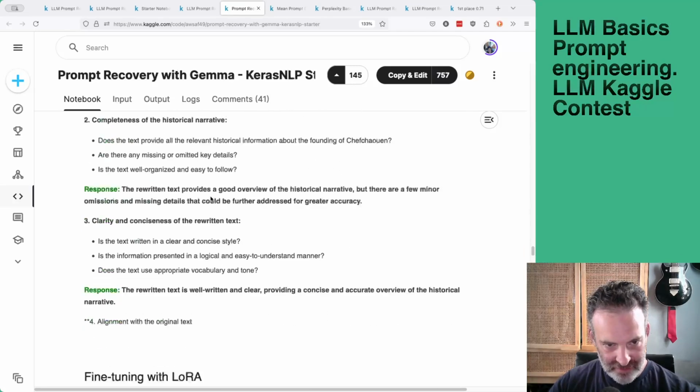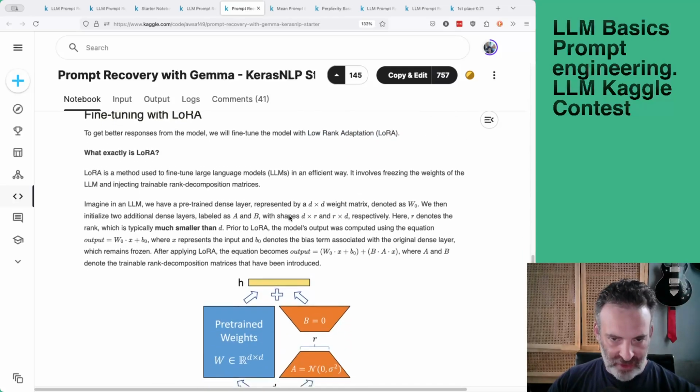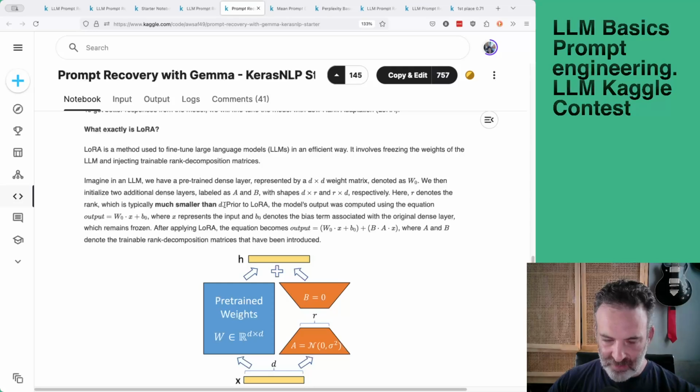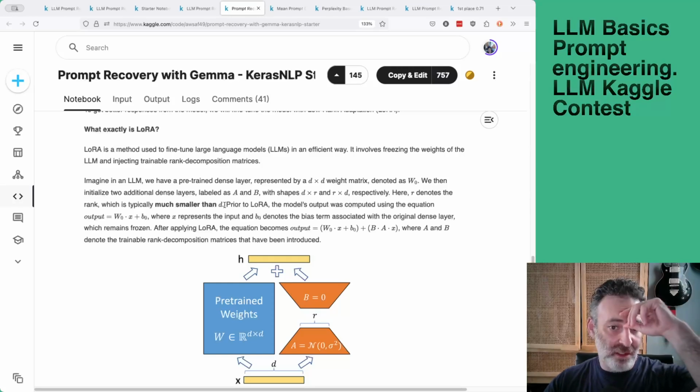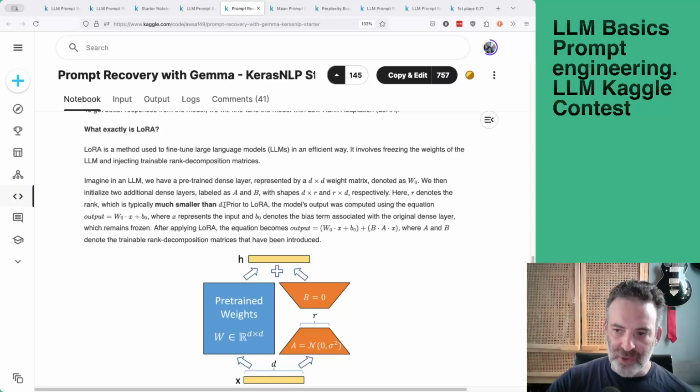Now, the next technique that we're talking about in this notebook, which has kind of taken the world of LLMs by storm, is called LoRA, which stands for low rank adaptation. You can go through the math here and understand what's happening. Effectively, it takes a low rank piece of the transformer, mainly the attention part, and just fine-tunes that, as opposed to taking a large layer of the transformer.